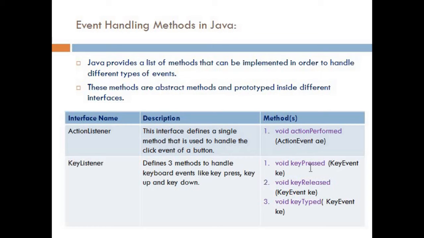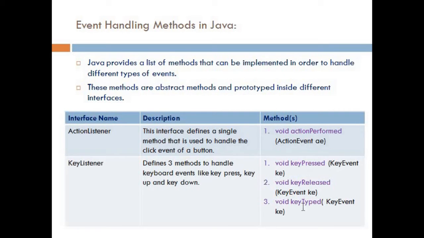So the void keyPressed method gets initiated whenever a particular key is pressed. The void keyReleased method gets executed whenever a particular key is released, and the void keyTyped method gets executed whenever a particular key is typed. And each of these methods takes KE as the event message object, which belongs to the class KeyEvent.